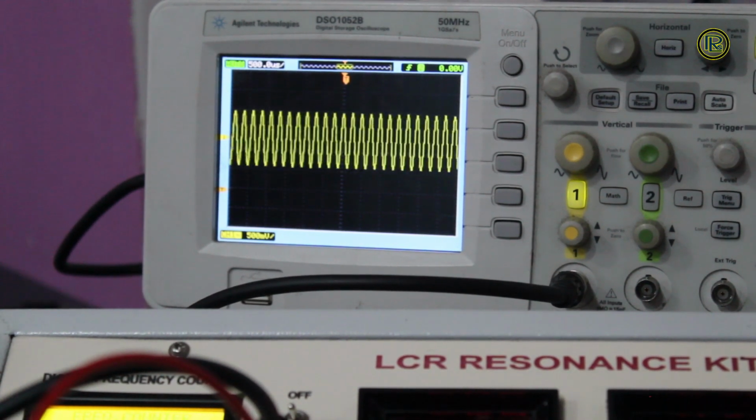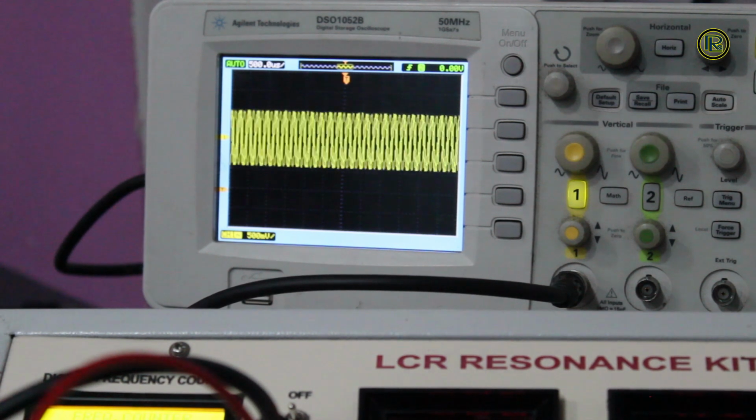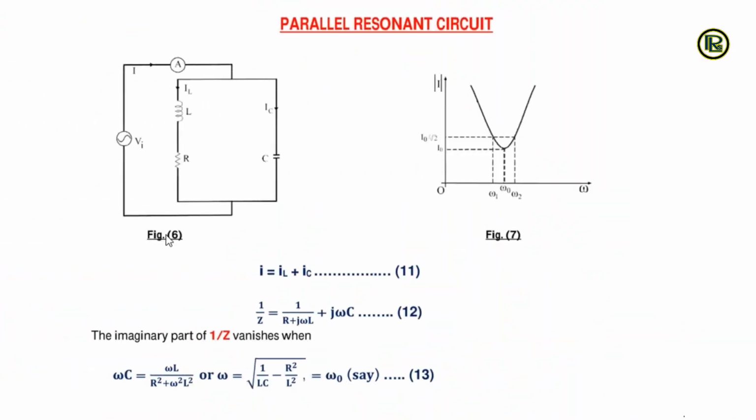So I'll get back to the slide once again. I have discussed the theoretical background behind the series LCR circuit and given you the demonstration for the series LCR circuit. Now I'll be discussing the parallel LCR circuit. So here is the schematic of a parallel resonance circuit.